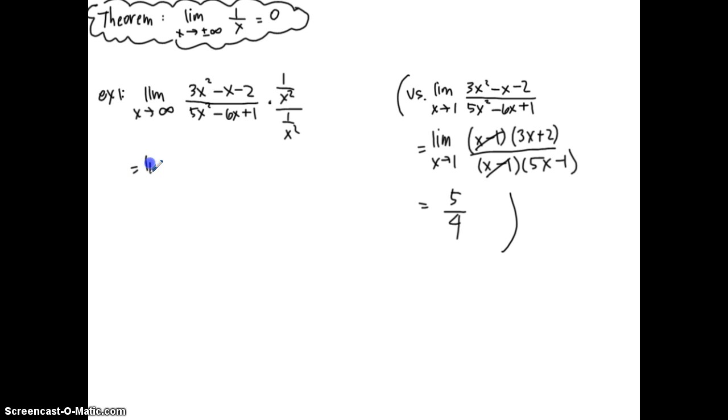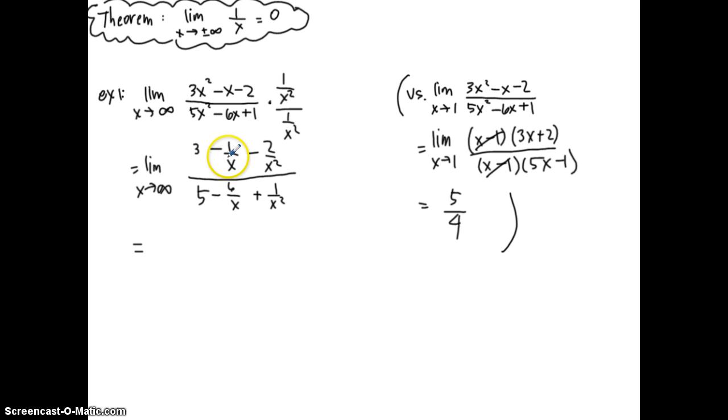When I distribute that, I get 3 minus 1 over x, because these x squares cancel, and then the top one cancels, there was 1 left on the bottom, minus 2 over x squared, all over 5 minus 6 over x plus 1 over x squared.